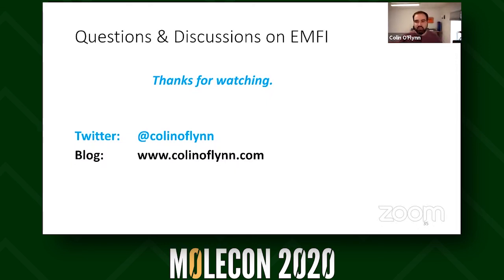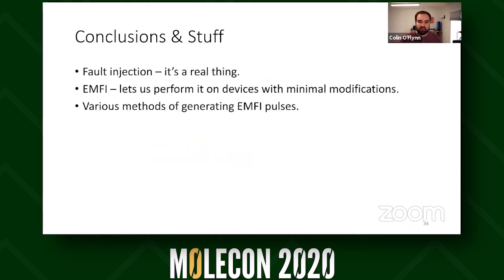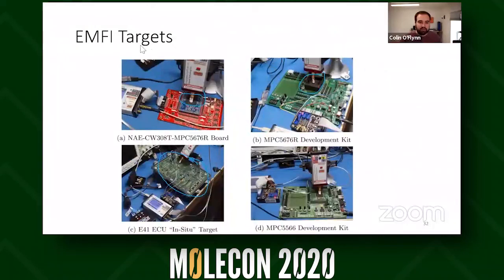So the reason you might choose EMFI there could be that you don't want to solder to the board or something like that. More likely, EMFI has some ability to differentiate on X and Y. You can see I've positioned this with just a vise over the chip. But you can also use a table to scan it, because different areas of the die will have different effects.